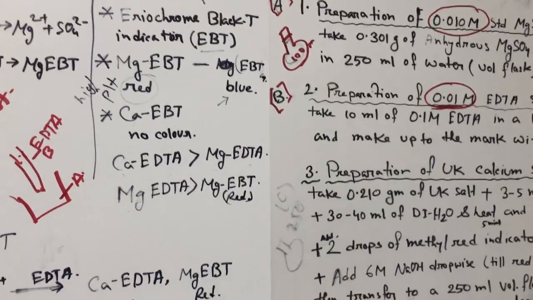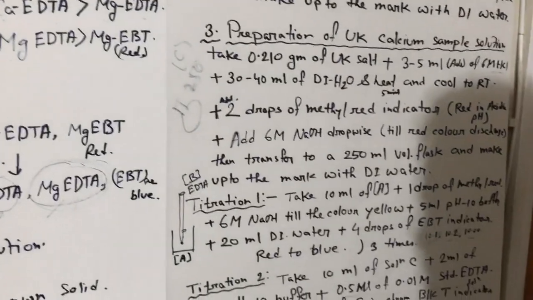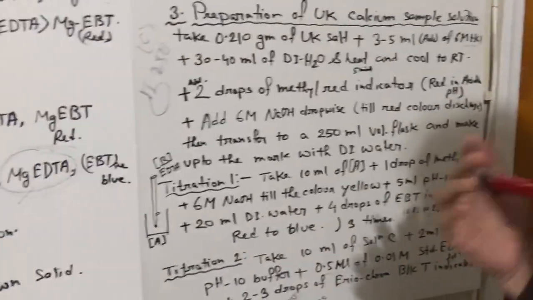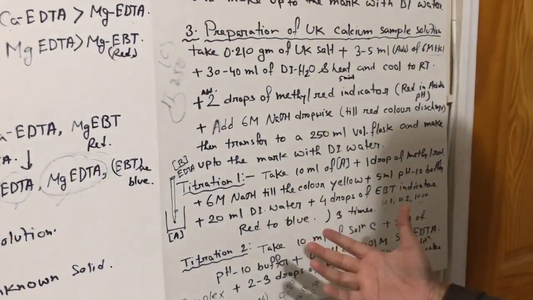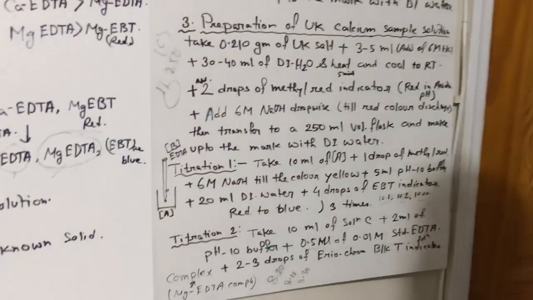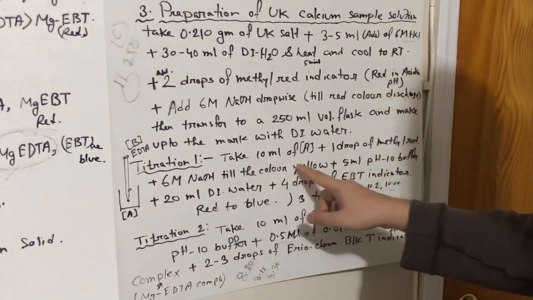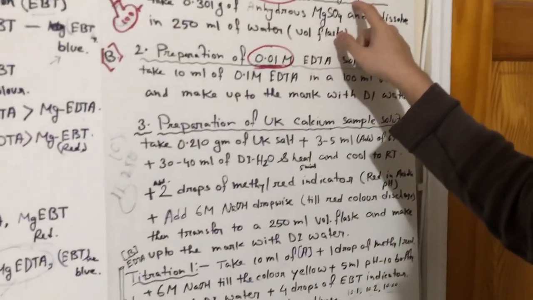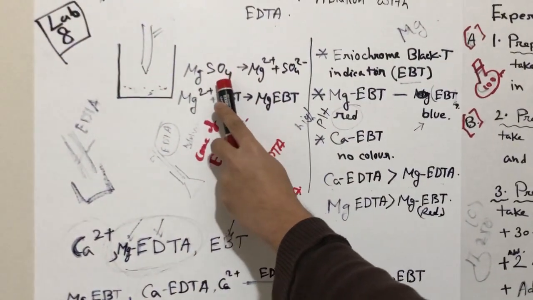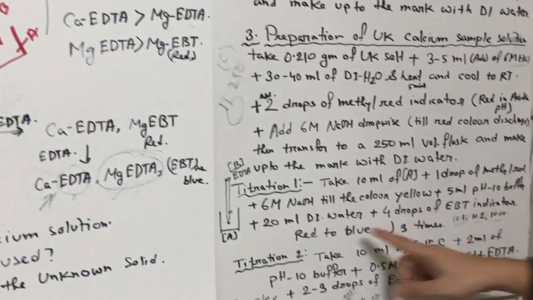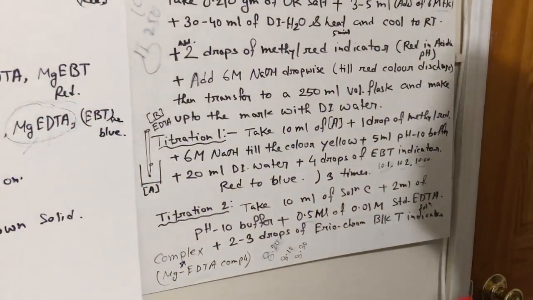Then you titrate, and you will see the color changing from red to blue. What is the reason for that change? It is the same principle as I discussed before. Here you only have the magnesium sulfate, A. Methyl red doesn't give anything here, and you have the EBT.